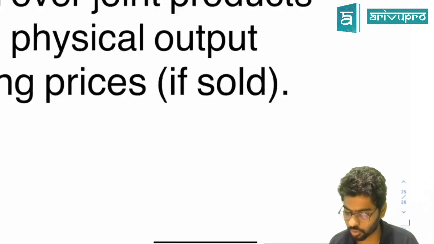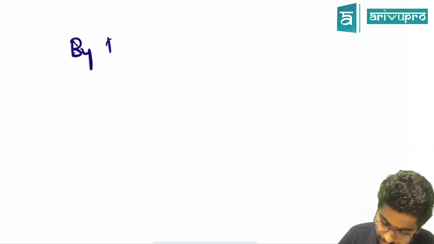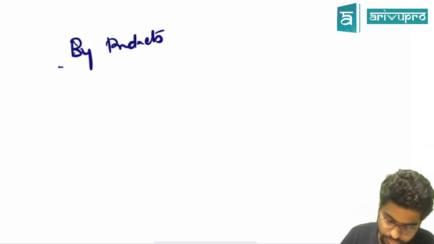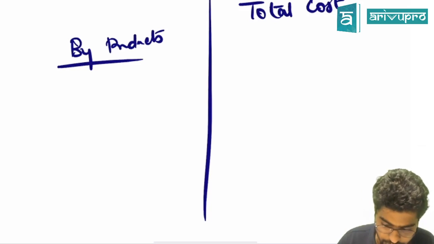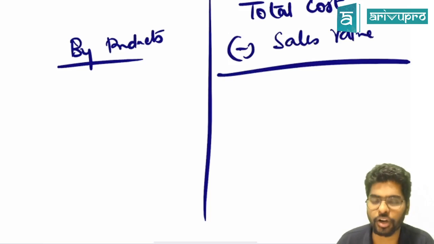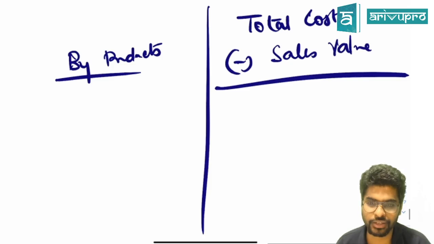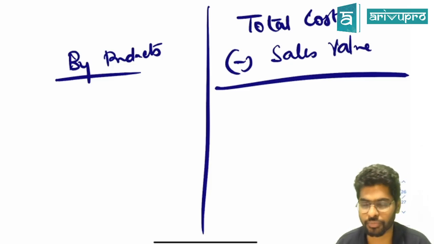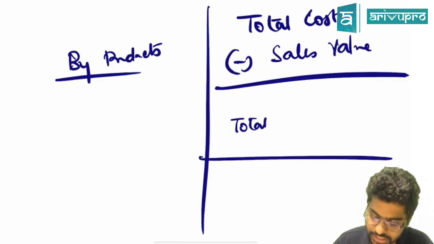Guys, I'll just tell you one more time, remember this. For most of your exam questions, byproducts will have a sales value. So from the total cost, reduce the sales value of the byproducts. Once you reduce the sales value of the byproducts, you get the total cost which I can allocate.